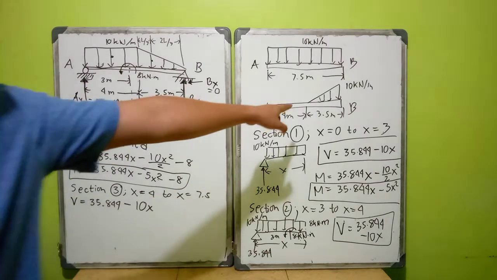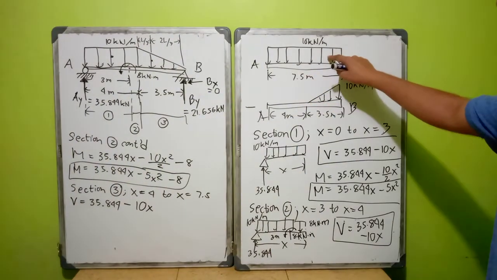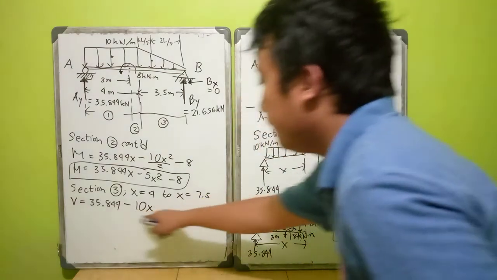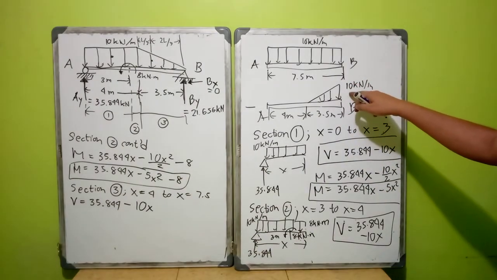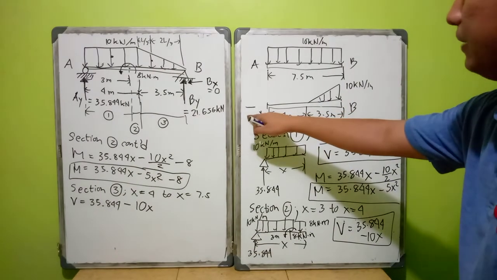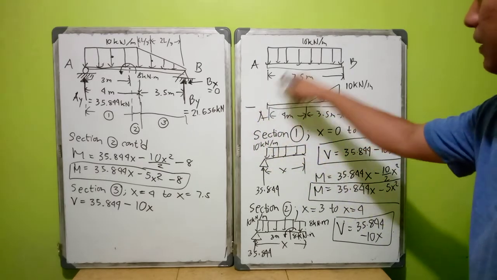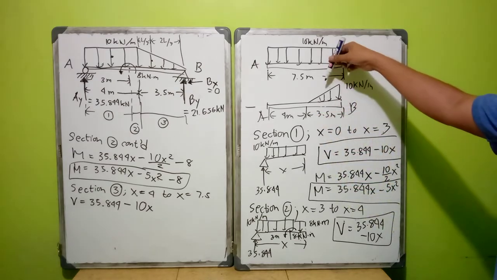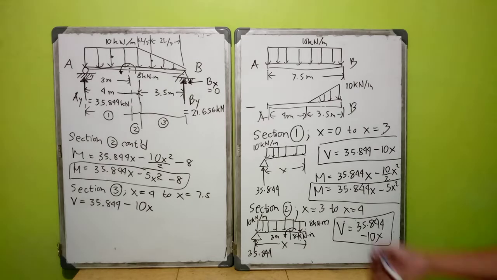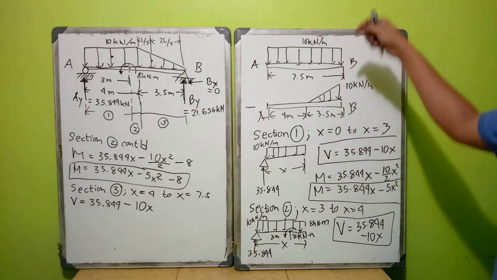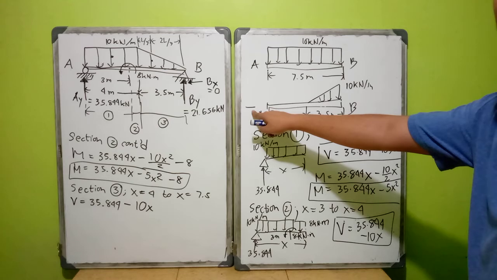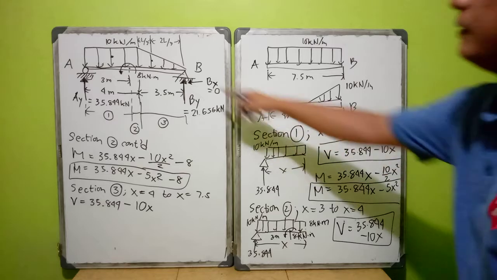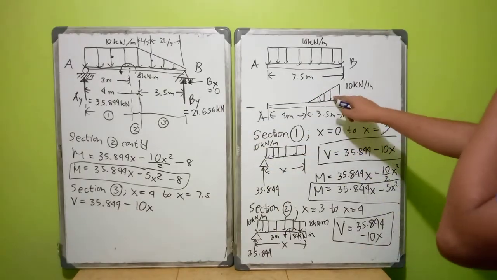And then, visiting this one, it is equivalent to this minus this, okay? So we take 35.844 minus 10x, and then, since we subtract this loading, supposedly it has a negative shear, its effect on shear will be negative because it's downward, but since it is a negative area, its equivalent will become positive.